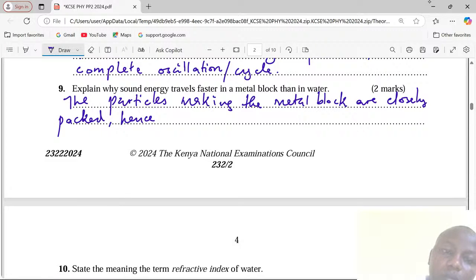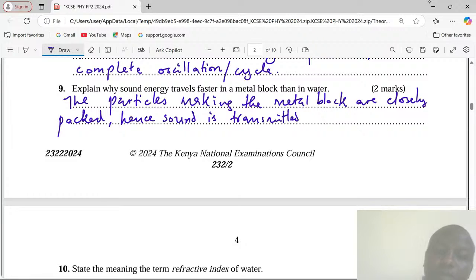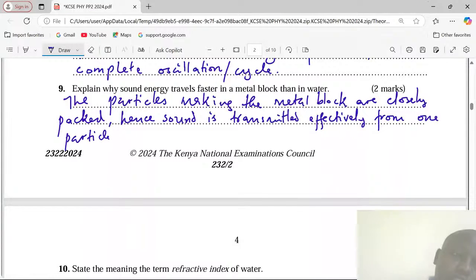Hence, sound is transmitted effectively from one particle to another. In water, particles or molecules.